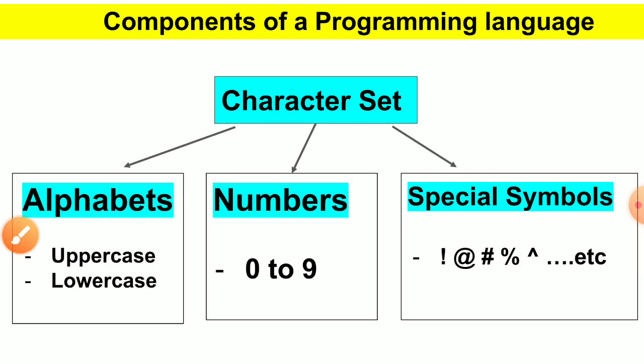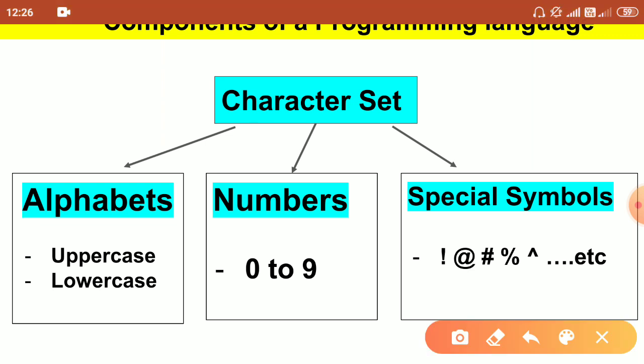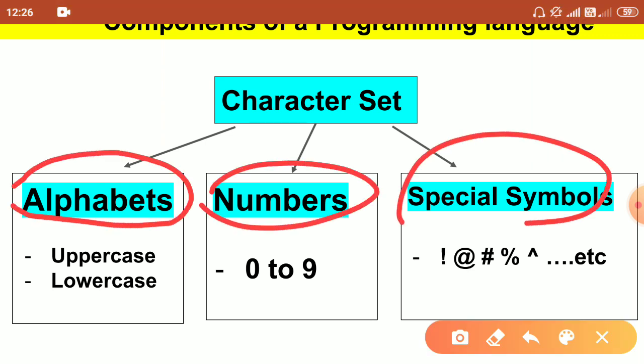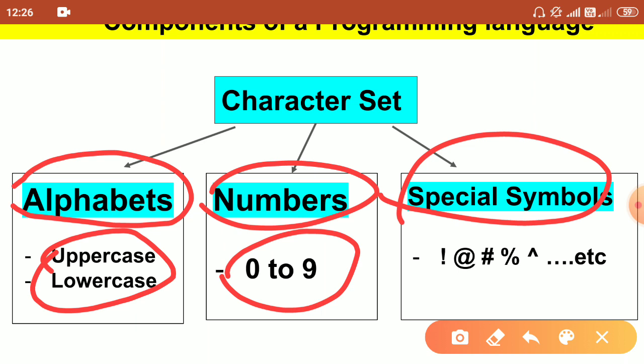So let's see what is character set in Java. The character set consists of alphabets, numbers and special symbols. Alphabet contains all the small letter alphabets and capital letter alphabets. Numbers contain all the digits from 0 till 9. Using these 10 digits you can form any number.